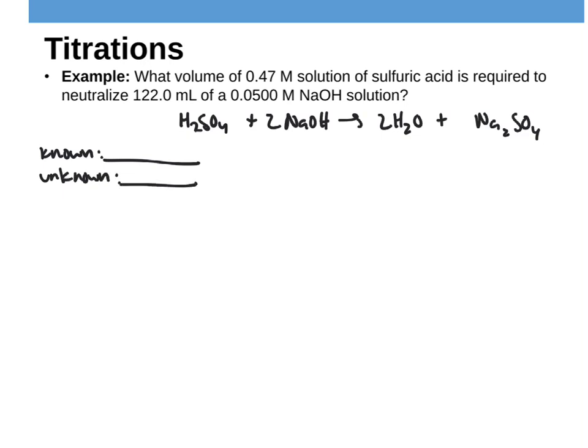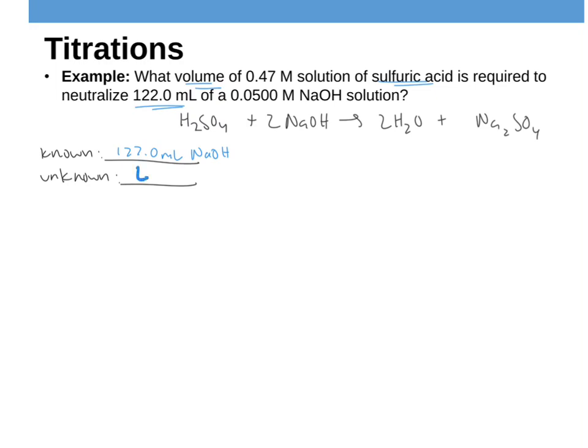My known amount here, the only amount that's given, is 122 milliliters of the NaOH solution. The unknown that we're looking for is what volume of the sulfuric acid. So I need to find the milliliters, or it just says volume, so I'm just going to go with liters. Saves me a step. Pay attention if someone's asking for liters or milliliters. This one didn't say, so just leaving it in liters is going to be fine.